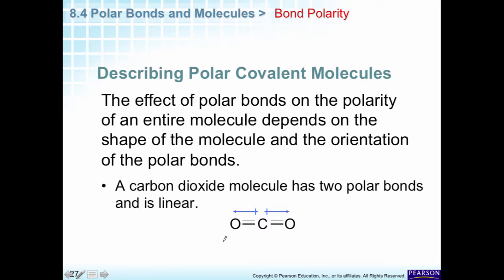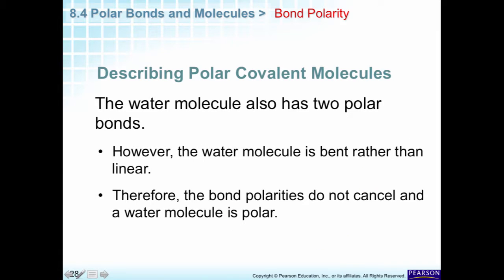The molecule is non-polar, but these bonds are polar bonds. Okay? So these are polar bonds, but the molecule CO2 is nonpolar because the two polar bonds cancel out those polarities because they're going in opposite directions.